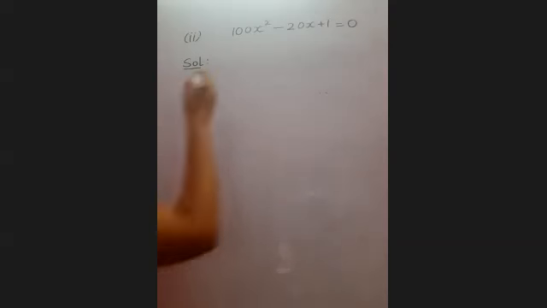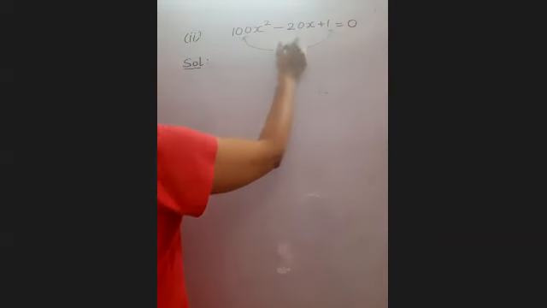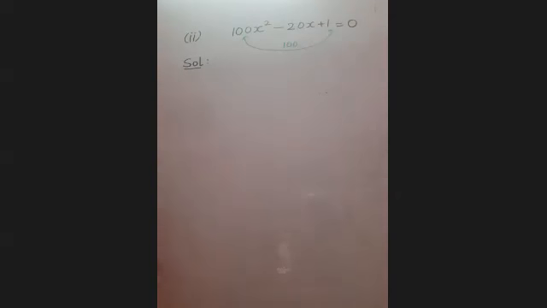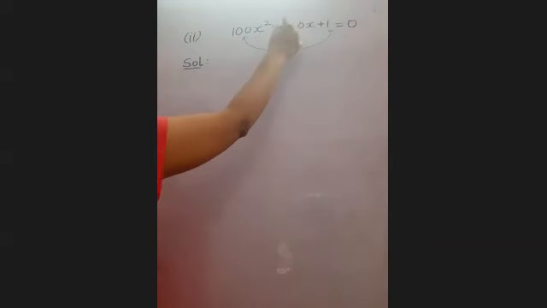Now children again. What is 100 into 1? 100. 10 into 10 is 100. We need to factorize this 100x square plus 20x plus 1.